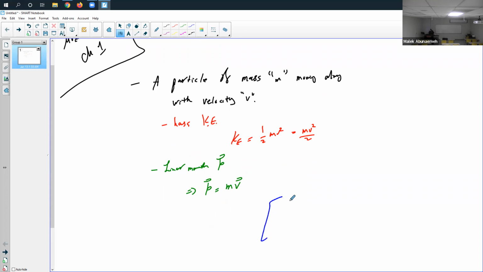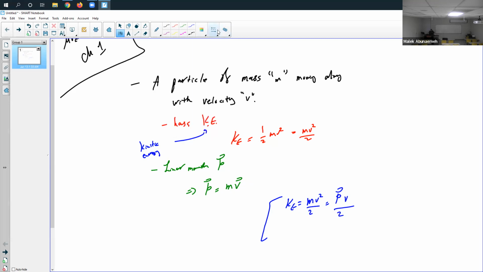Now, if we remember, your kinetic energy is mv squared over 2. But your momentum is your mass times your velocity. So this is going to equal your momentum multiplied by v divided by 2.